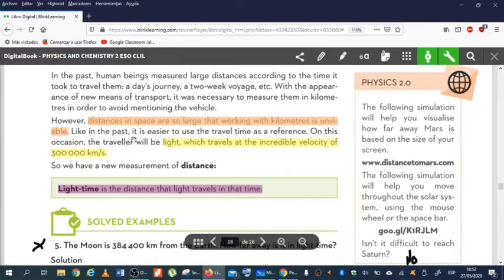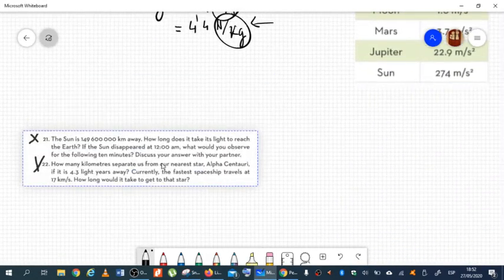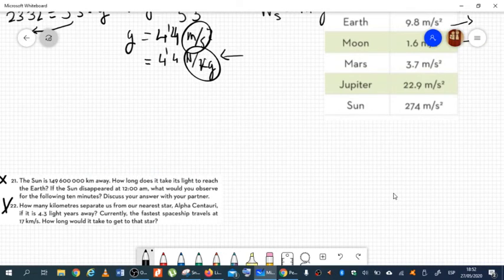if we traveled, si viajáramos, at the speed of light, okay, la velocidad de la luz is, we call it c, we don't write v, we use c.